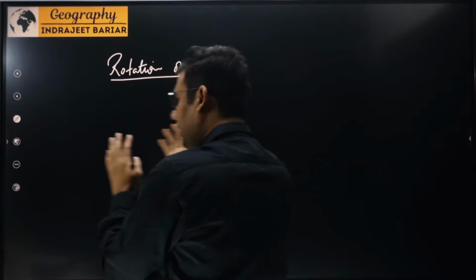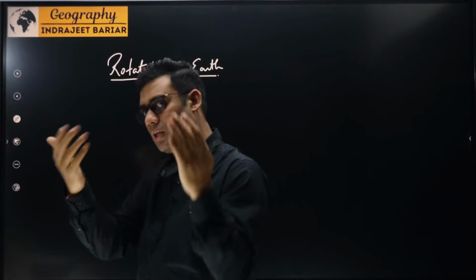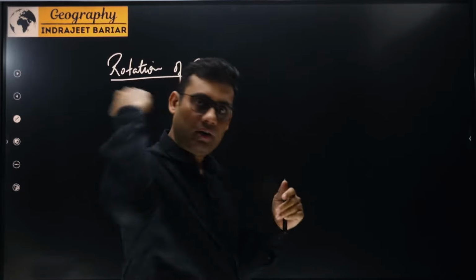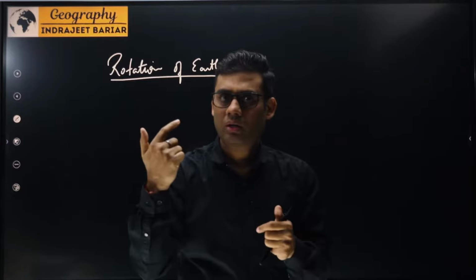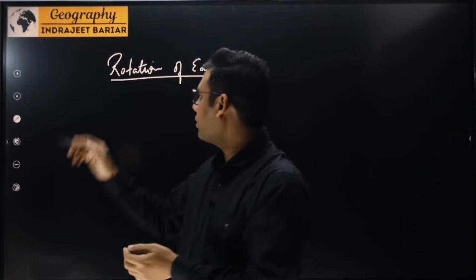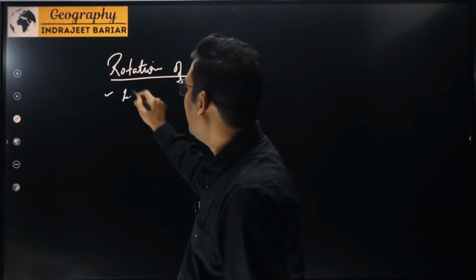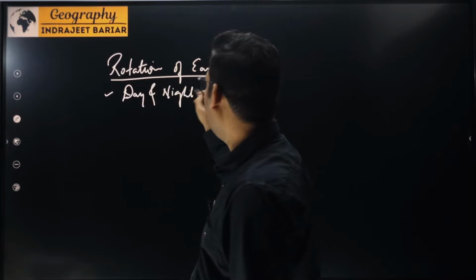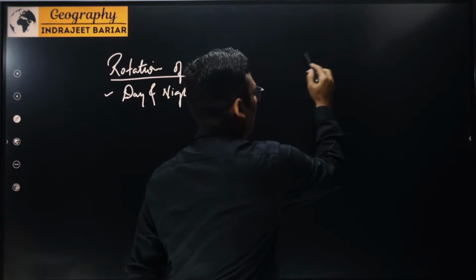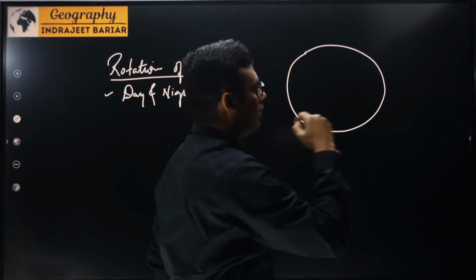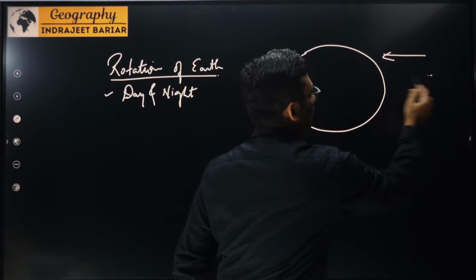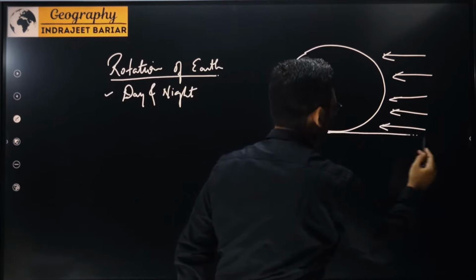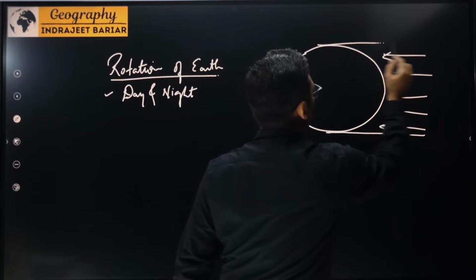After that, I again come over here and I have the sunlight falling on me. So I have day. So day, night, and the cycle repeats. This is the diurnal cycle of day and night. So the first impact is the occurrence of day and night. And with this day and night, if I take the Earth over here, the sun rays falling on the Earth can at maximum touch this and this part.